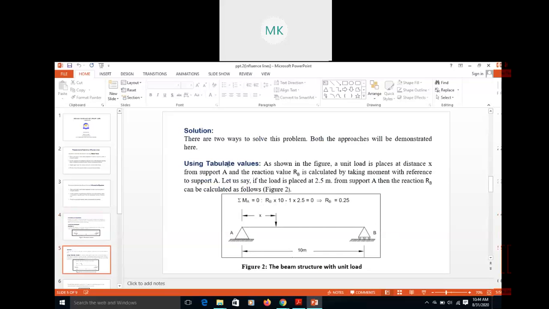So here you see, for this same numerical, we are going to solve by two methods. Okay, there are two ways, as I have already explained: tabulated, and the other is the influence line equation.